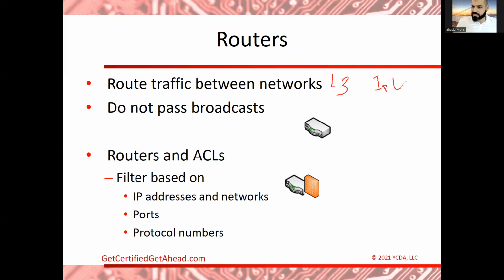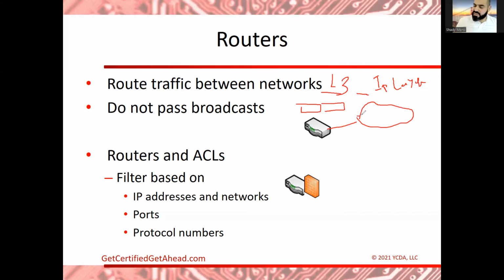Because routers use layer 3 IP addresses to forward the traffic. Your router at home is working right now because it's getting your packets. The packet is a message that has a sender IP address and a destination IP address, and it will forward this data to something called the service provider.